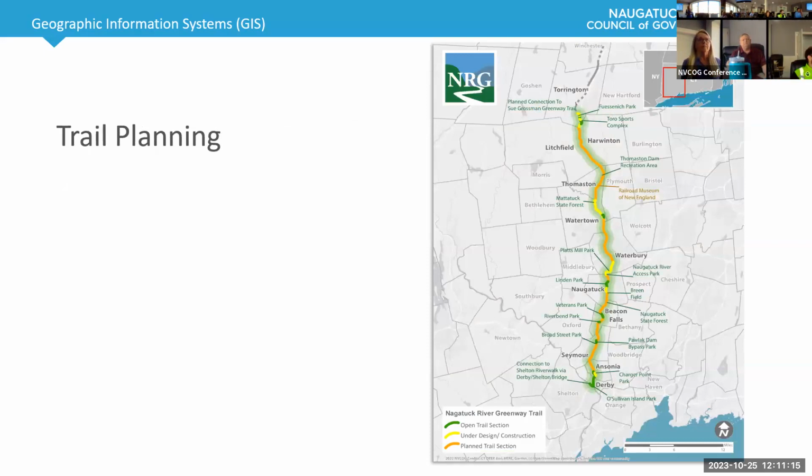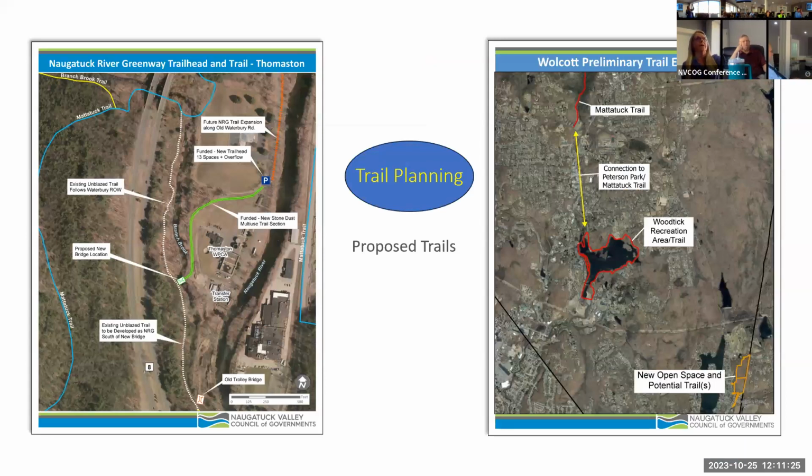We also do a lot of trail planning. The Naugatuck River Greenway is our big project, and it goes through multiple towns in the region. We'll work with towns like Thomaston to help map and plan the route and the features, parking, what's nearby, as that trail is being planned.